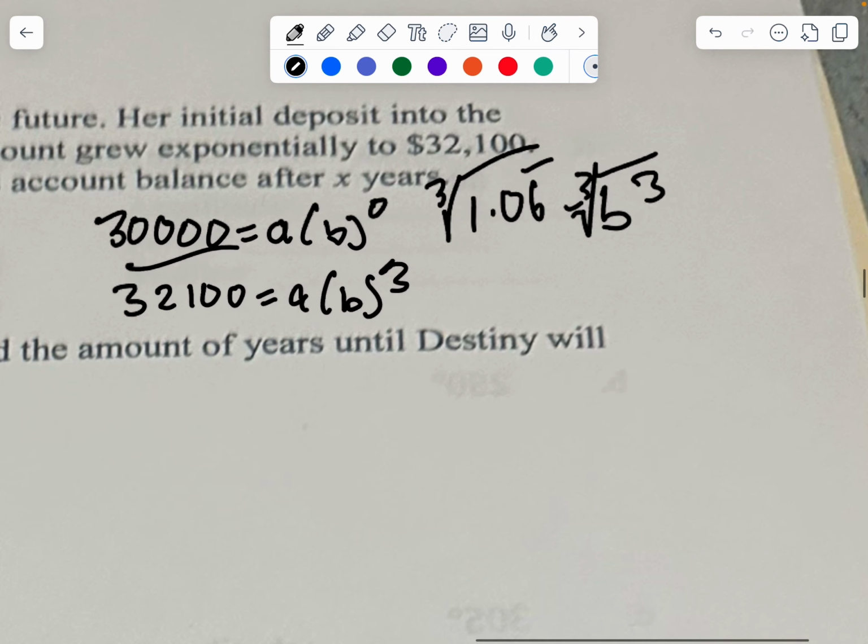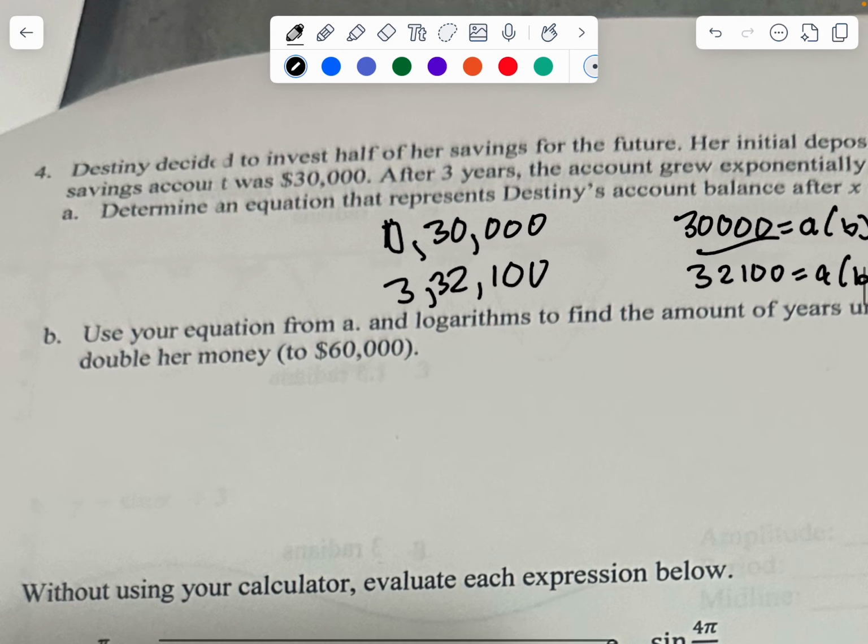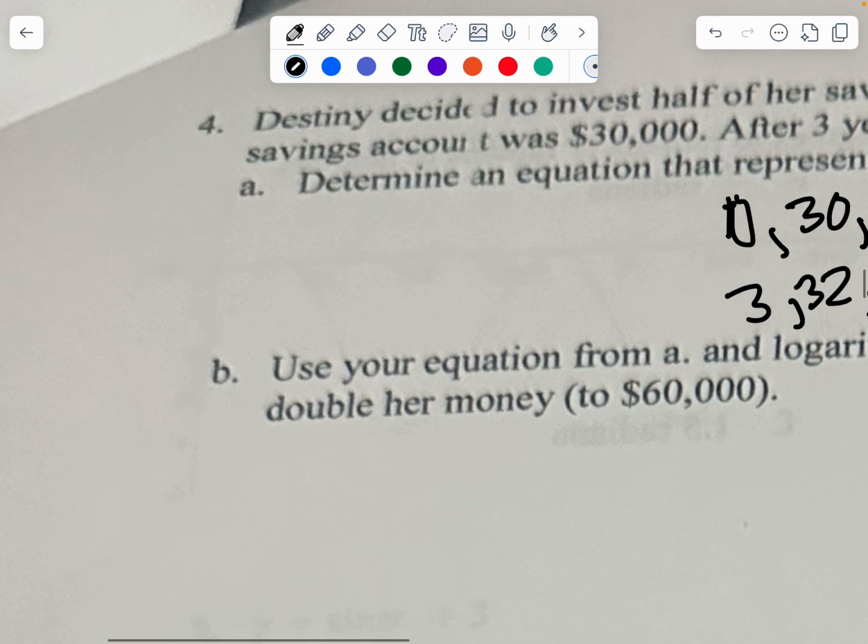Alright. Type that in your calculator. 1 point, b equals 1.022 rounded. Alright, now we have to solve for a. So we'll plug it back into the 30,000.